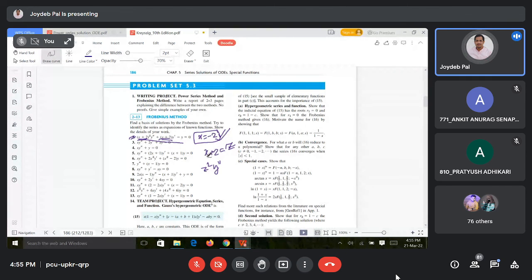So if you take x plus 2 is equal to z, then this equation reduces to z square y double dash plus z into y dash minus y is equal to 0. Now z is equal to 0 is a regular singular point. Then you take the power series solution in the form z to the power r summation am z to the power m, and lastly you put z is equal to x plus 2.